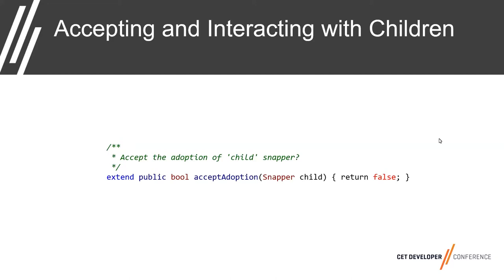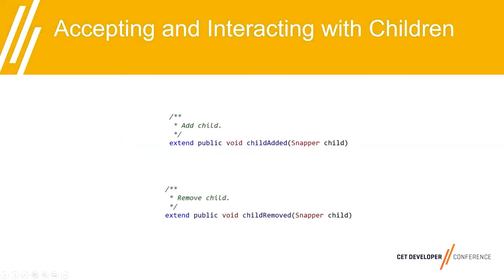So, all right, let's say we did accept the adoption of a snapper. What comes next? We have a couple of event methods that we can hook into if we want to do additional stuff upon a change in ownership. Child added, child removed.